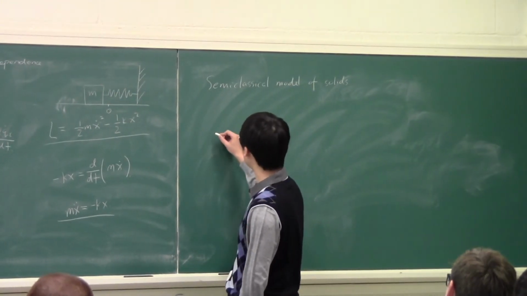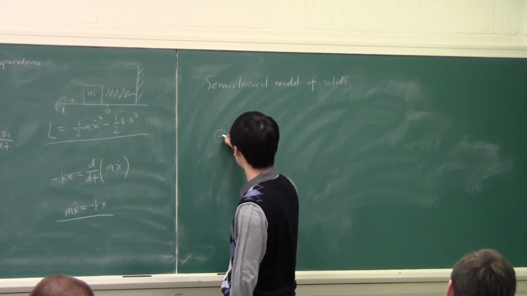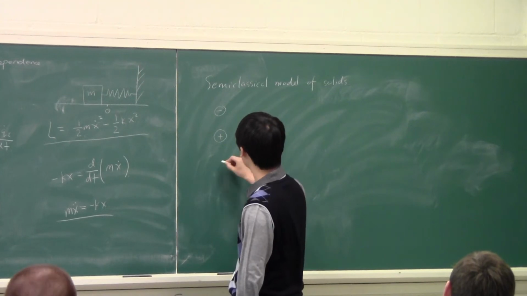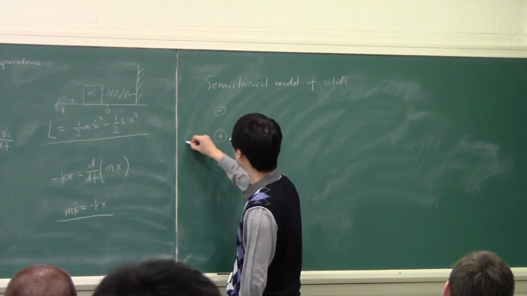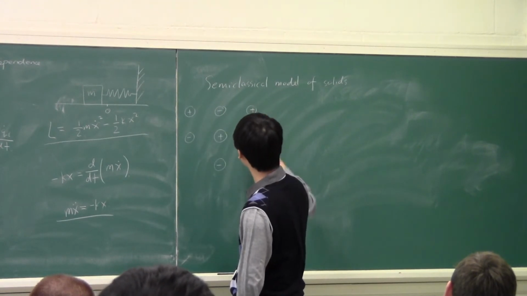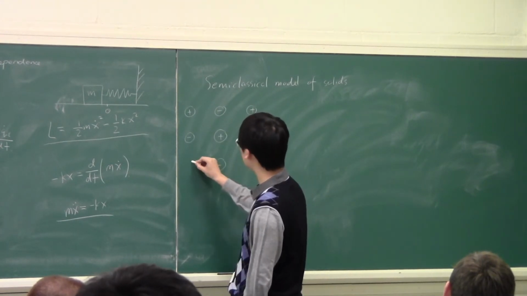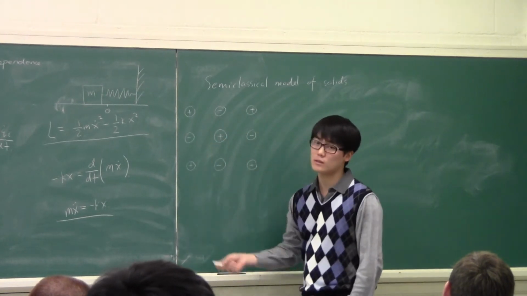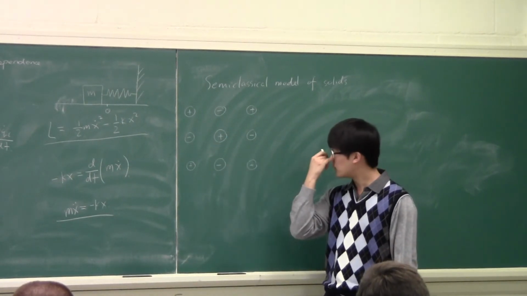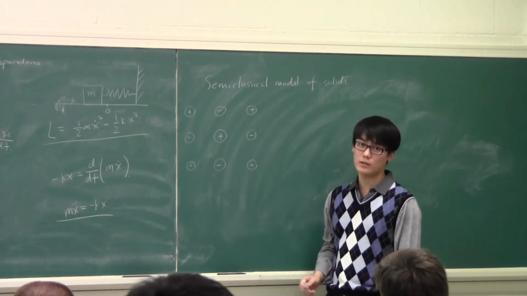If I draw a sketch of an ionic crystal, it will look something like this. These are the atomic sites, and the positive and negative ions are going to be in the middle of each other.